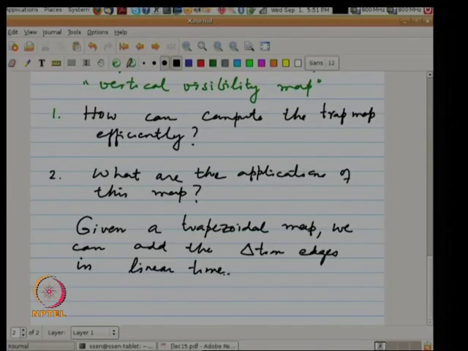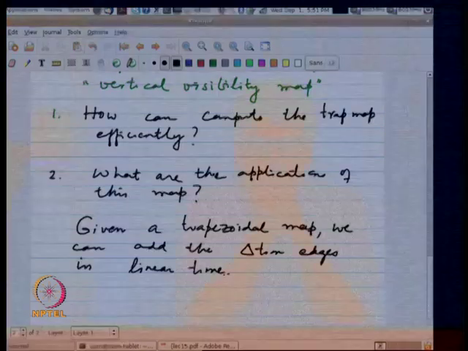Now, therefore, one way to triangulate would be to compute the visibility map, and then just follow this procedure. But now, how much time do we need to compute the trapezoidal map? And how do we do it?